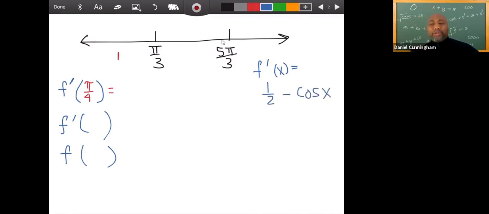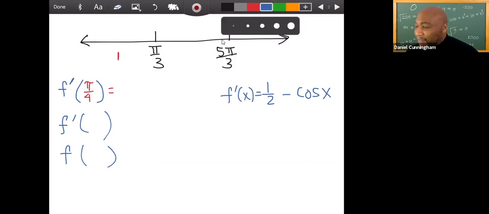So make sure you plug it into the derivative. That was our f prime. Once I plug that pi over 4 into the derivative, I'm just going to tell you it's going to give me, in this case, a negative number. Again, I don't care about what the number is. I just care about the sign. So this whole first region is negative.